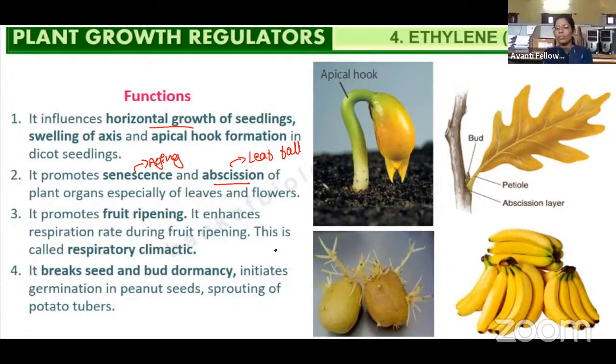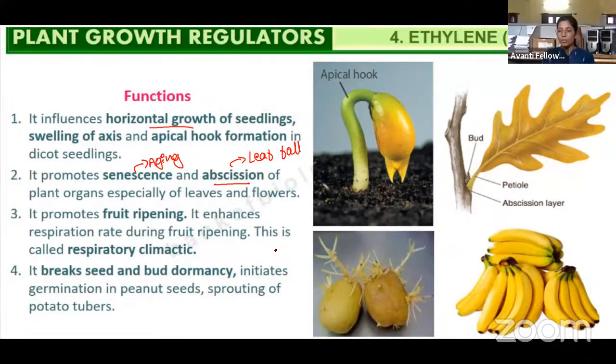You might know about seed and bud dormancy. Mostly in our homes, as soon as we get a crop, we do not sow some of the crops immediately. We wait. Let us keep this for 2 months, let us keep these seeds for 3 months, then we can sow. If we sow immediately, we will not get the crop.